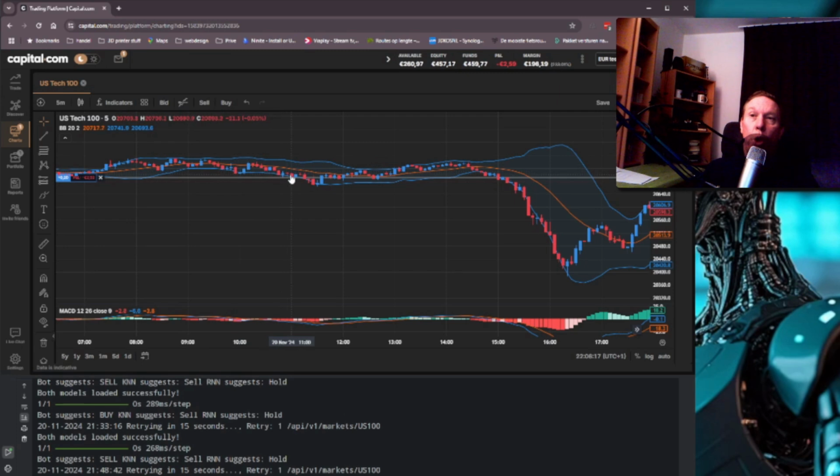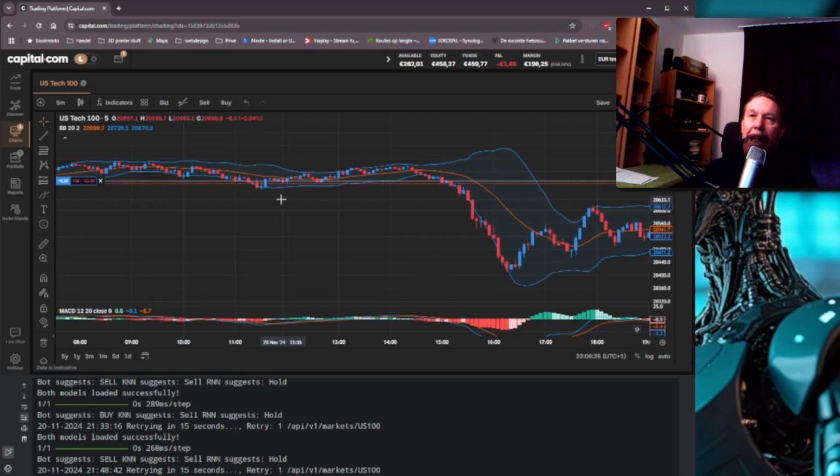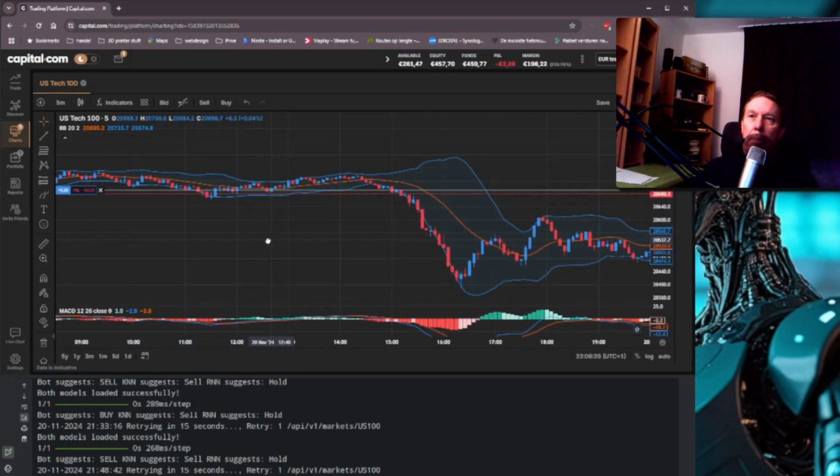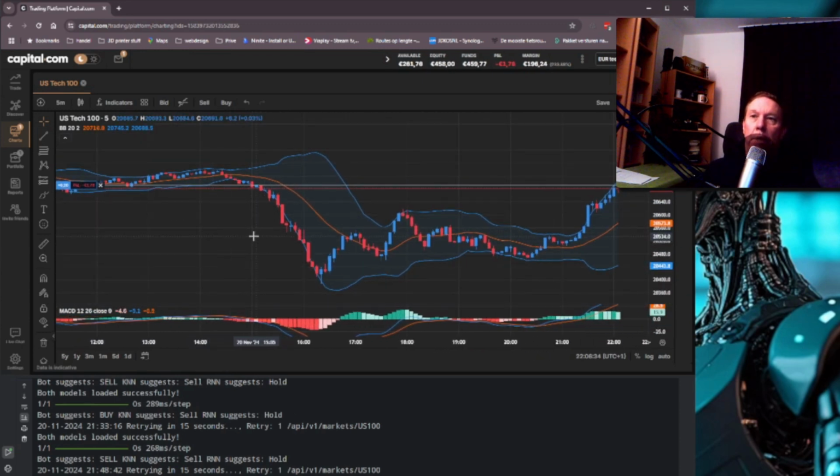You see a slow sell setting in, not that much, but slowly it's getting down, and the bot did react on it. But the real sell started this afternoon when the market opened, and you see a large drop from about 2:30, going down, down, down, and the sell was starting.